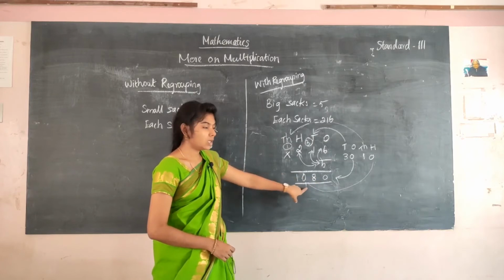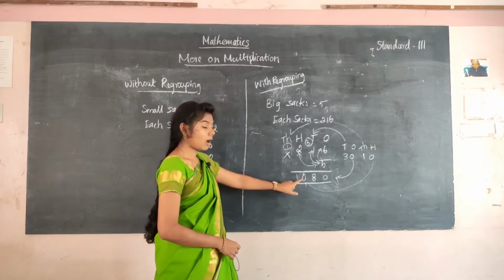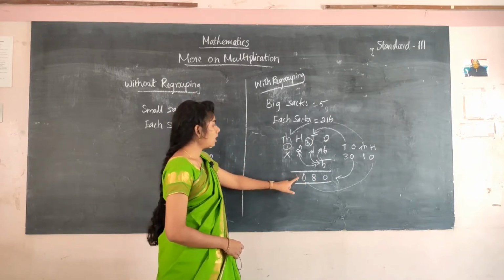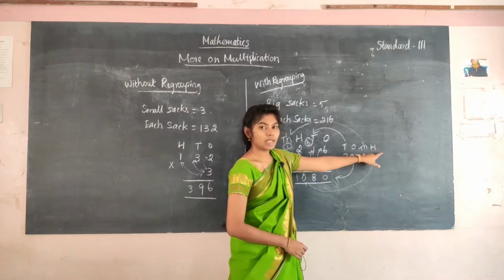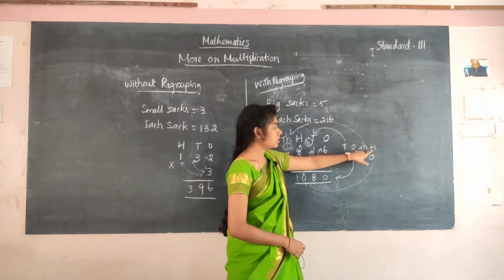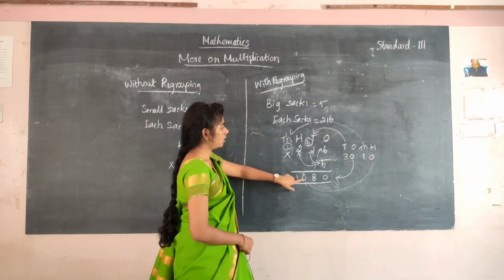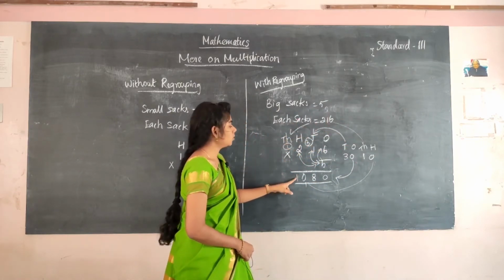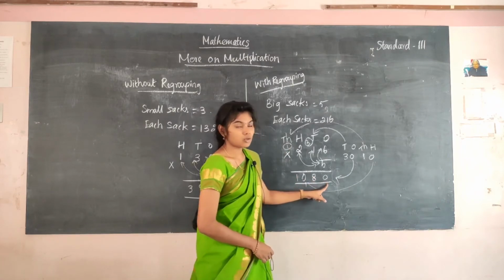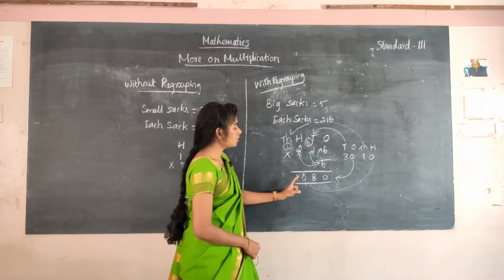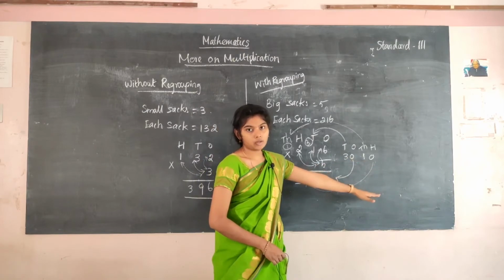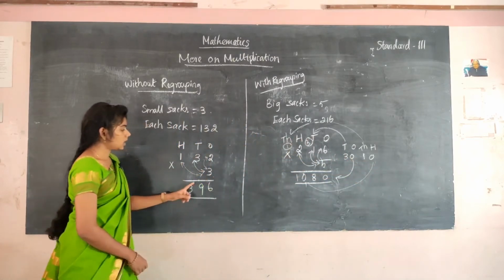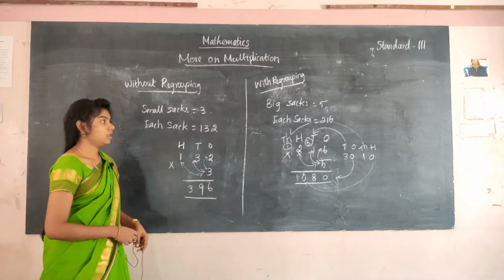Then you will get 1080. So in the big sack, how many mangoes are there? 1080 mangoes are there. In the small sacks, 396 mangoes are there.